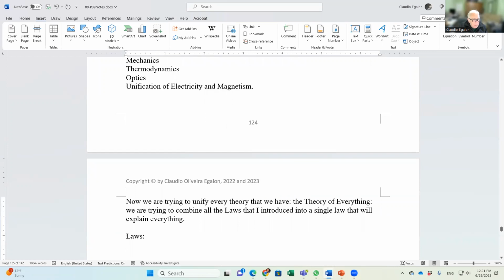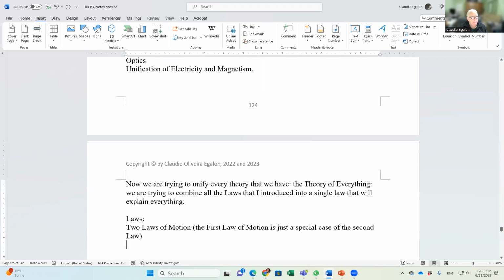Let's see. I like to call it the 2 laws of mechanics, the 2 laws of motion, not the 3 laws of motion, but the 2 laws of motion. The first law of motion is just a special case of the second law.